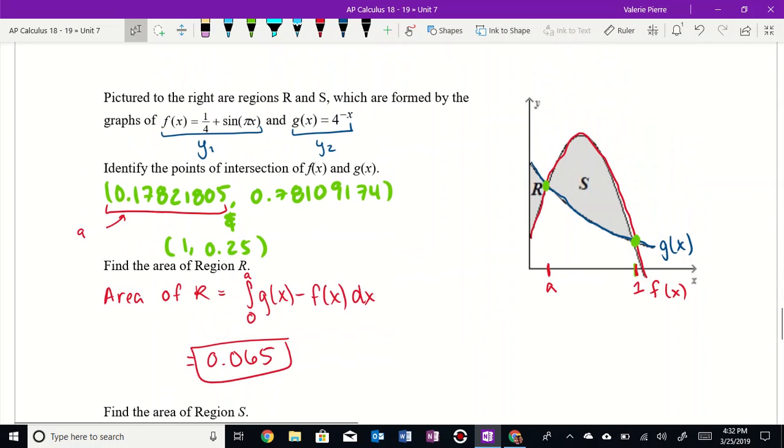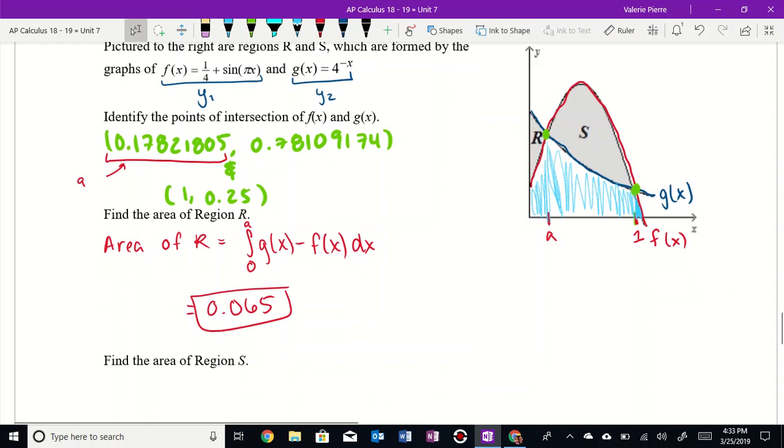So here it's a little trickier. We want to know what this unshaded region is. So everything under here, including that little tail end past x equals 1.